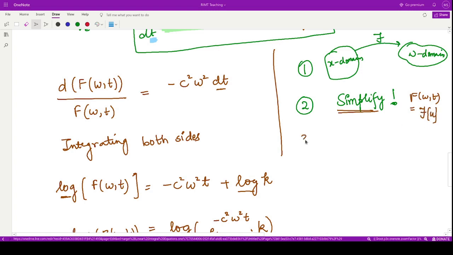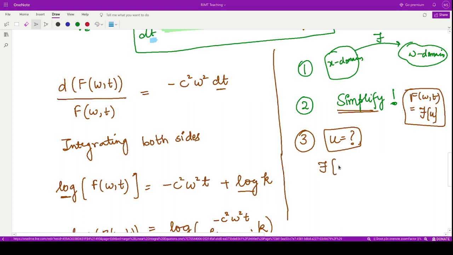But however, in the question they require what this u is. So in order to determine u from this equation, we can apply the inverse Fourier transform. Our equation was the Fourier transform of u(x, t) is equal to F(ω, t). So we apply the inverse Fourier transform on both sides, so that it becomes the inverse Fourier transform of this function F(ω, t).